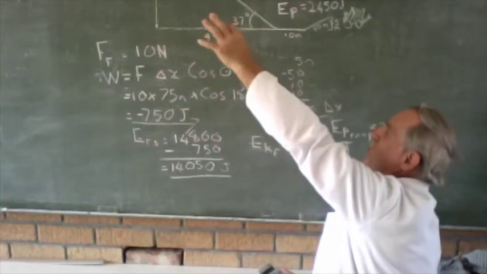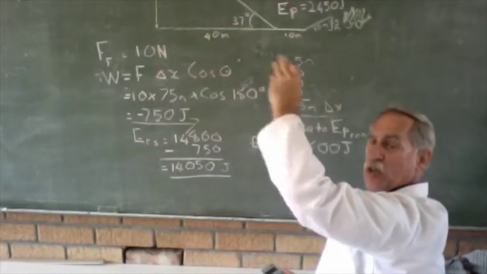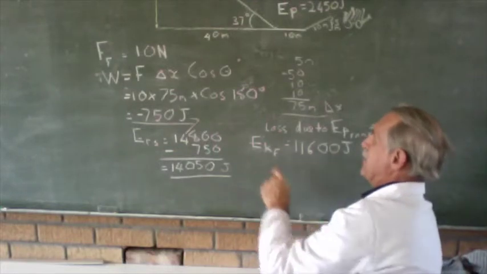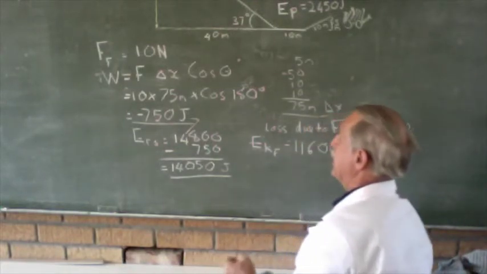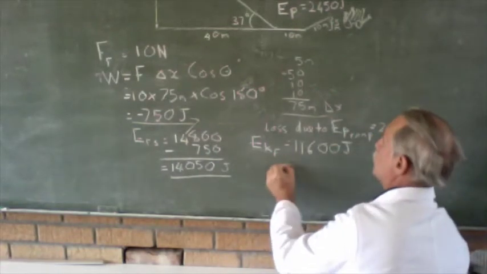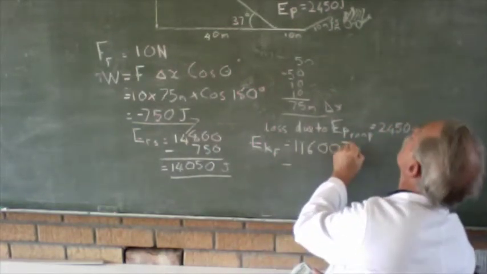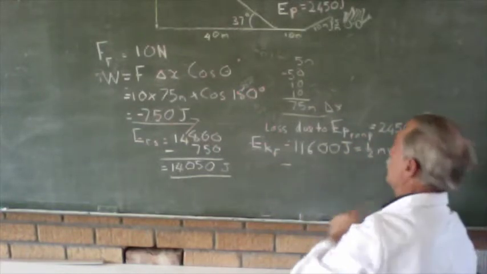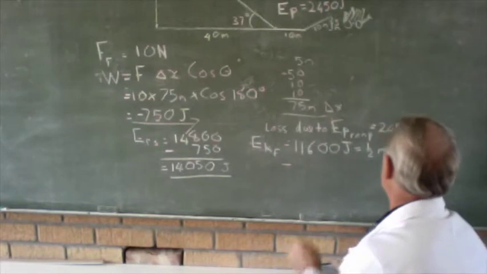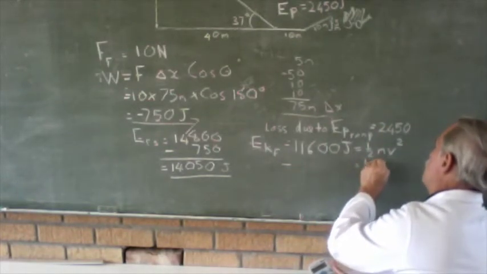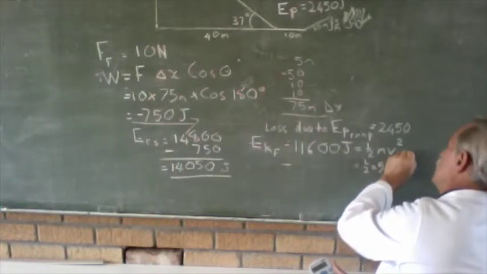So from our starting energy, we subtracted friction, we subtracted the remaining potential energy, and here's our final EK. And what's the formula for EK? That is also equal to half mv squared, which is equal to a half times 50 times v squared.